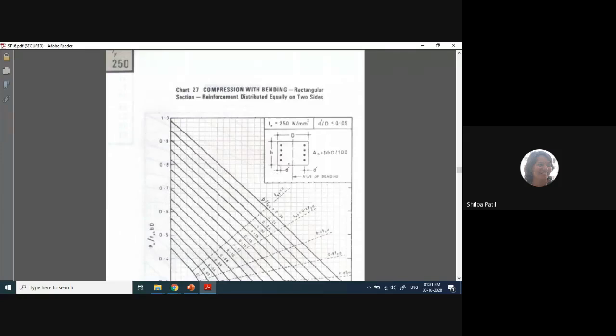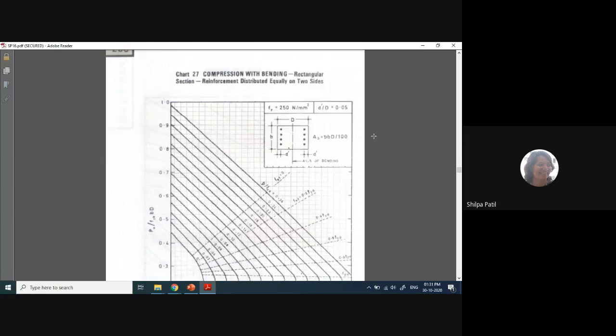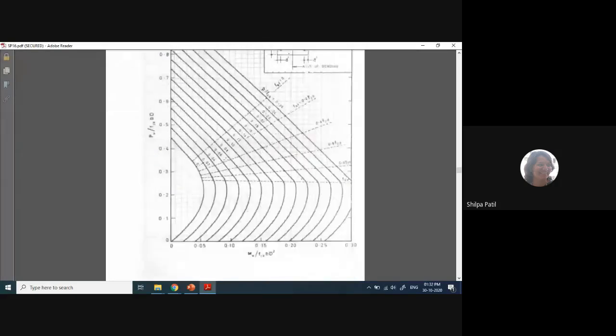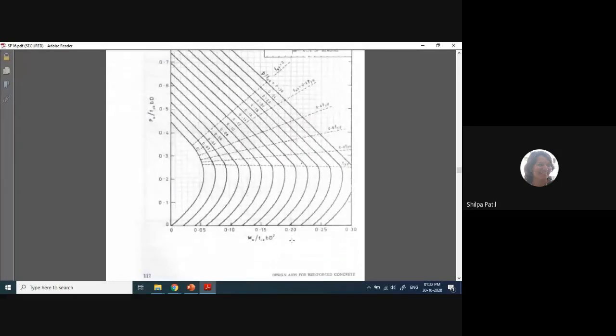The condition of the reinforcement is that uniform reinforcement is provided along the shorter direction of the column. For this particular reinforcement condition and for this value of Fy and d dash by d ratio, the interaction curves are given. On the y-axis you will find Pu by fck bD values, on the x-axis Mu by fck bD values.